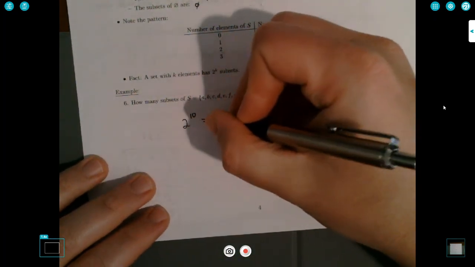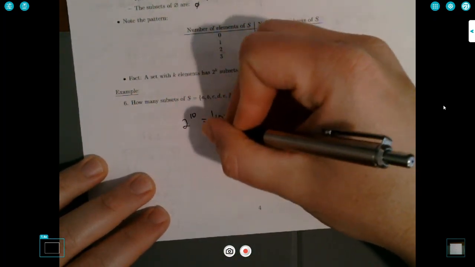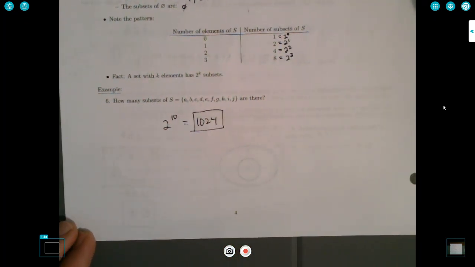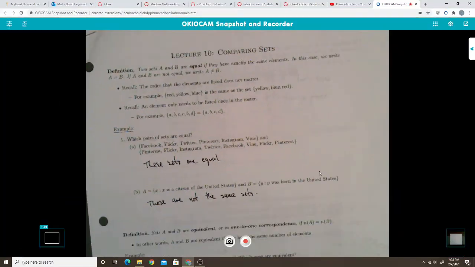I'm going to use my calculator. 2 to the 10th is 1024. We probably don't want to sit here and list them all, right? But at least we know that there are 1024 subsets of this set, which is kind of mind-boggling. But there you go. And that'll do it for comparing sets.